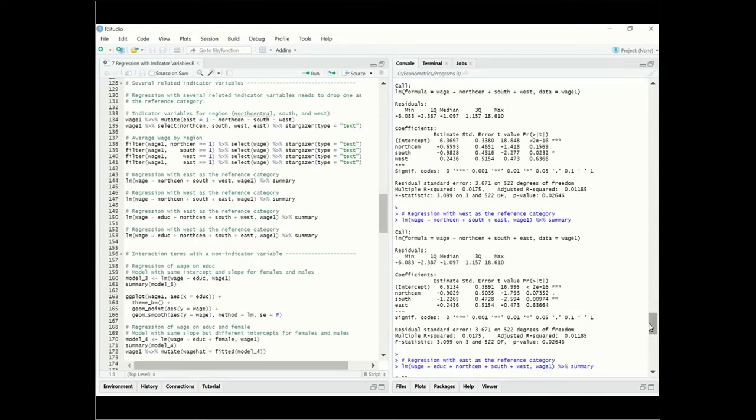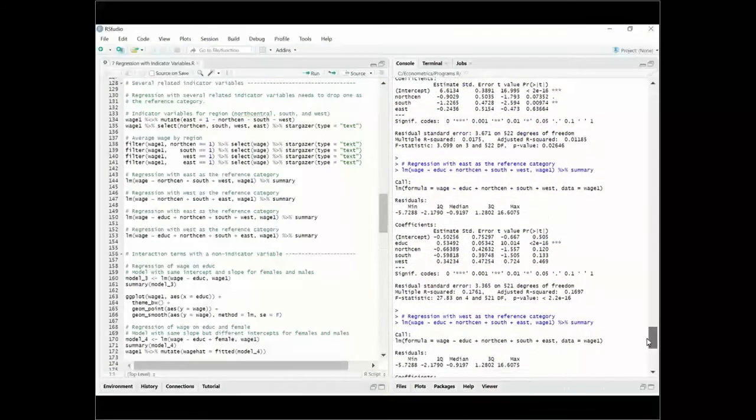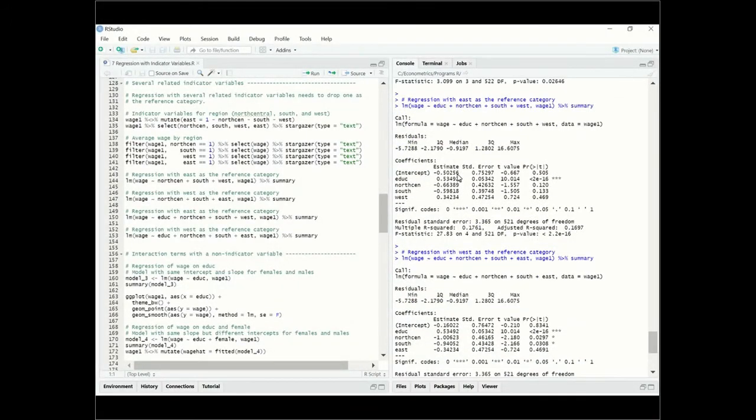Okay, so now if we include another variable as an independent variable, so let's say everything is the same, but we also include education as an independent variable. Here, that education would also have its own coefficient, and these ones would no longer have an interpretation in reference to average wages, but still we could say that wages in the West are 34 cents higher than wages in the East.